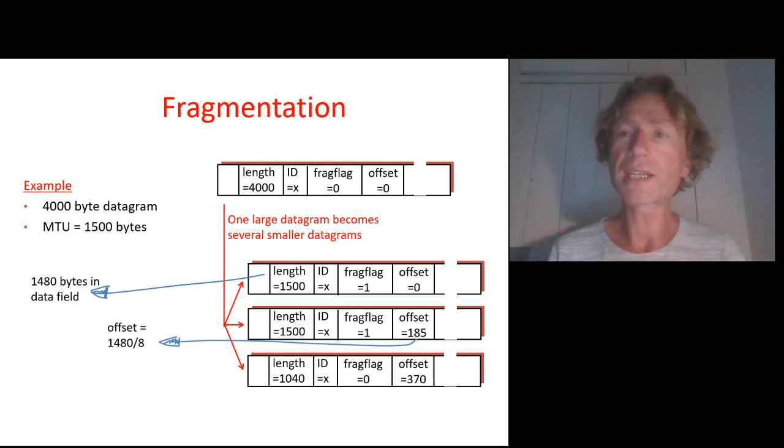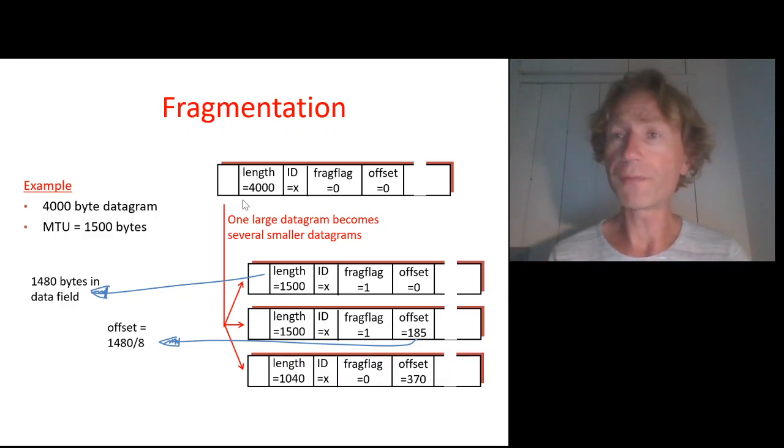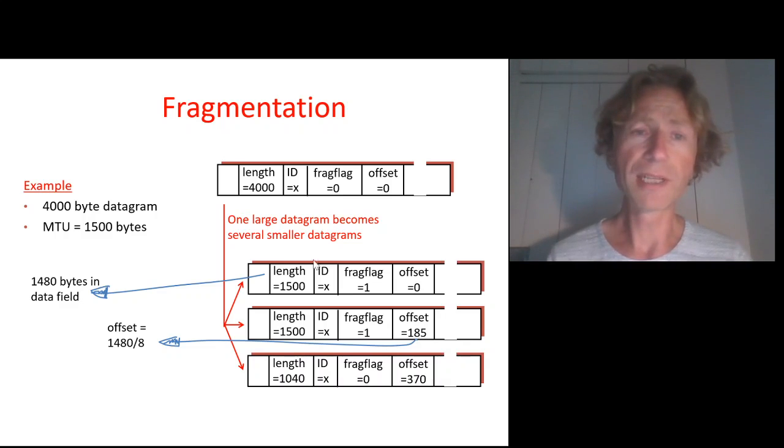Now, if we encounter another type of network, say a classic Ethernet with 1500 byte frame length, then we need to fragment this 4,000 byte packet into 3 fragments. In this case, we fragment this into 2 fragments of 1500 bytes and 1 fragment of 1040 bytes.